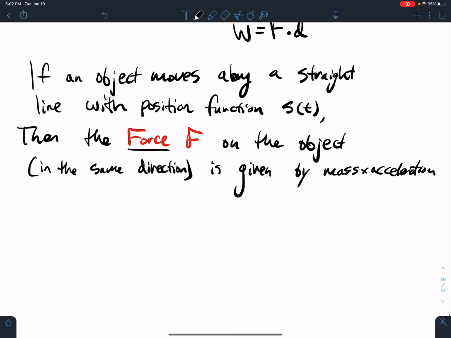Okay, so force is equal to mass times acceleration.